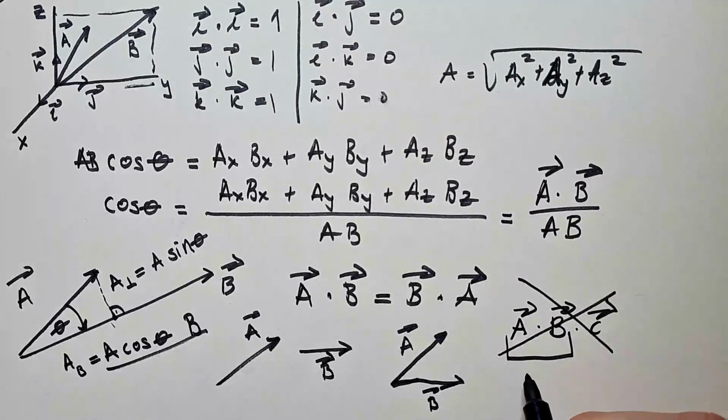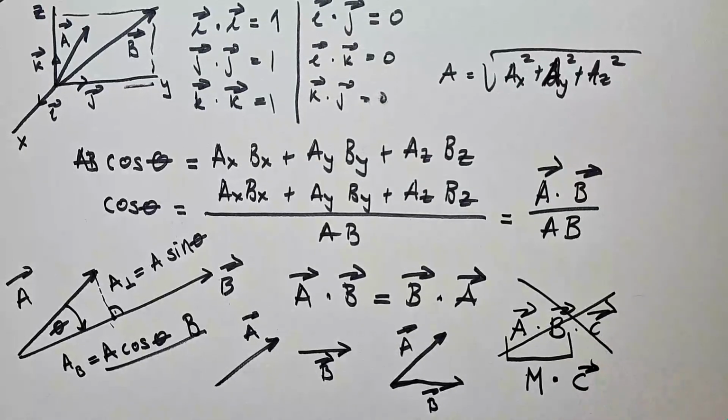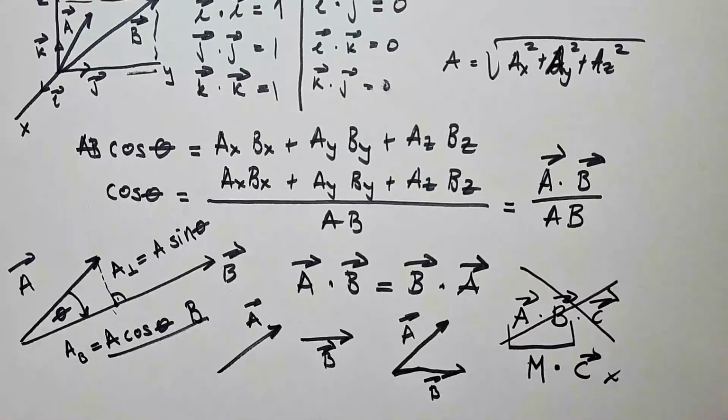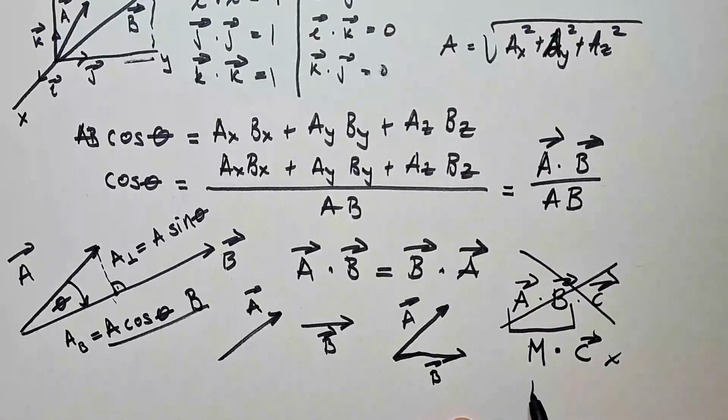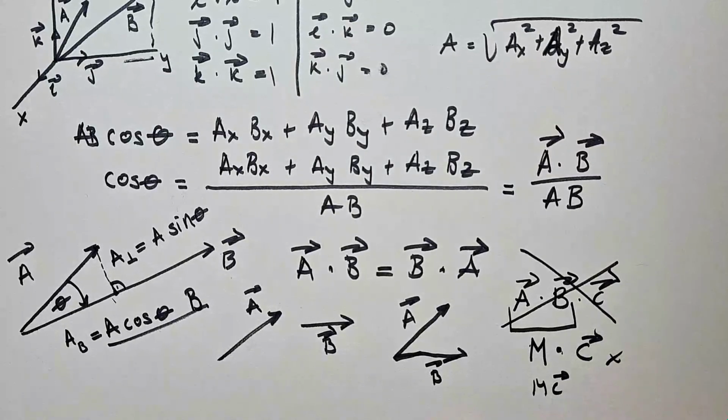Let's call it, I don't know, M. But that M is not a vector, so, as we know from my video on vectors and scalars, I cannot have a scalar product between a scalar and vector C in this case. This doesn't mean anything. What we can have is some scalar M multiplying C, but this is multiplying, not dot product. So it is important to distinguish between these.